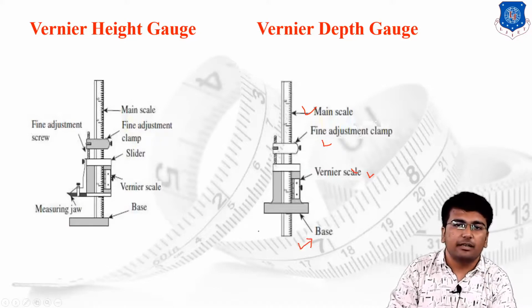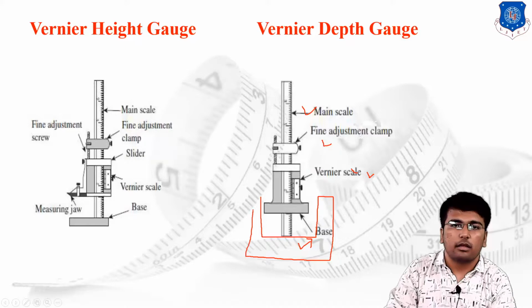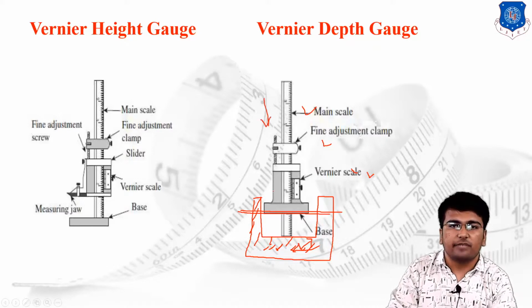Suppose this is our workpiece, a hollow cylinder, and you are supposed to find its depth. You insert the depth blade inside the workpiece till it makes physical contact with the bottom of the workpiece, and the top of the workpiece makes proper contact with the base of the scale.